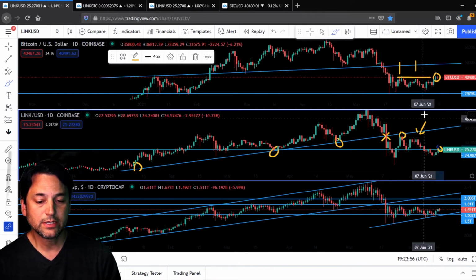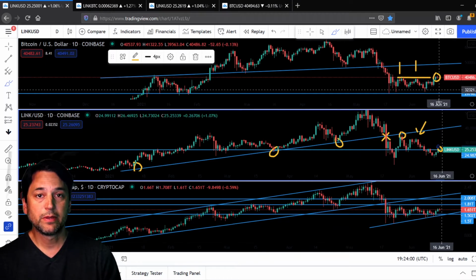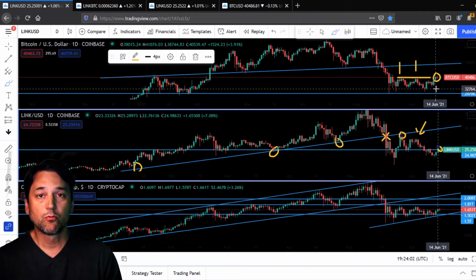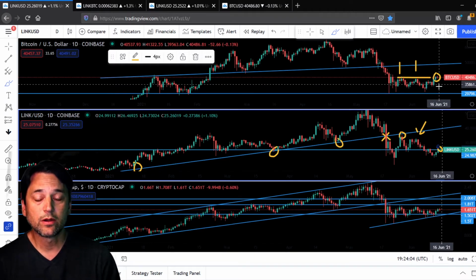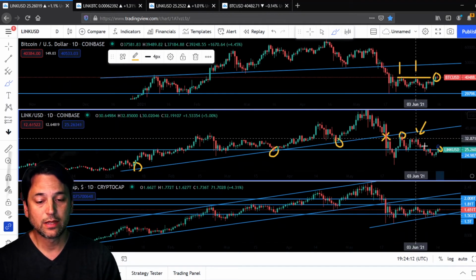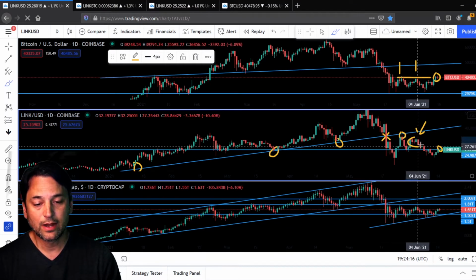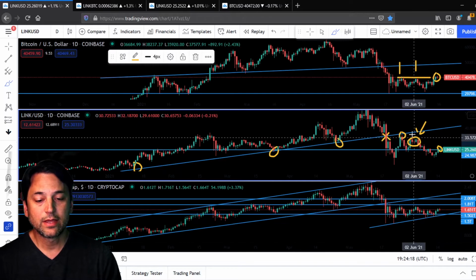So you can see that, relatively speaking, Chainlink right now is weaker than Bitcoin. Bitcoin is at the top or breaking through the top of this pattern, while Chainlink is nowhere near it. And this, where I pointed that arrow at, is when things changed.